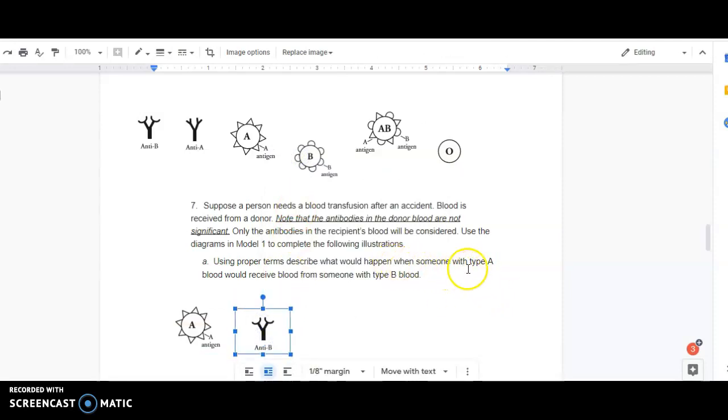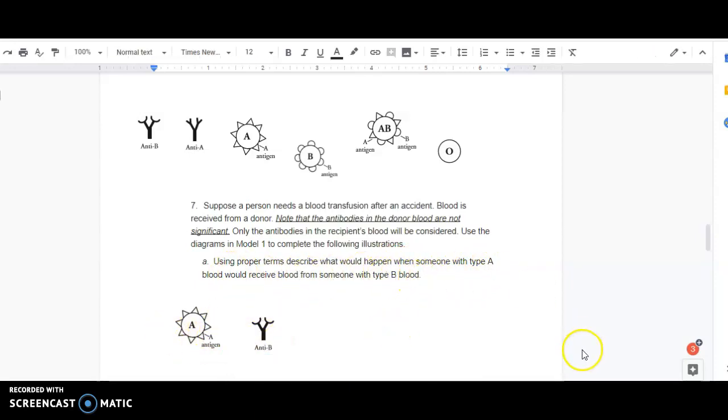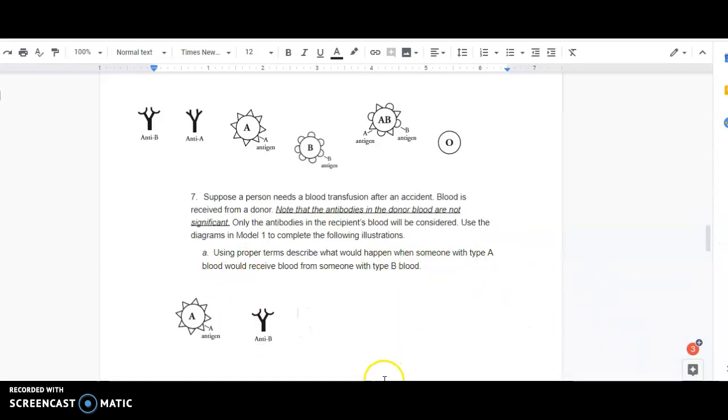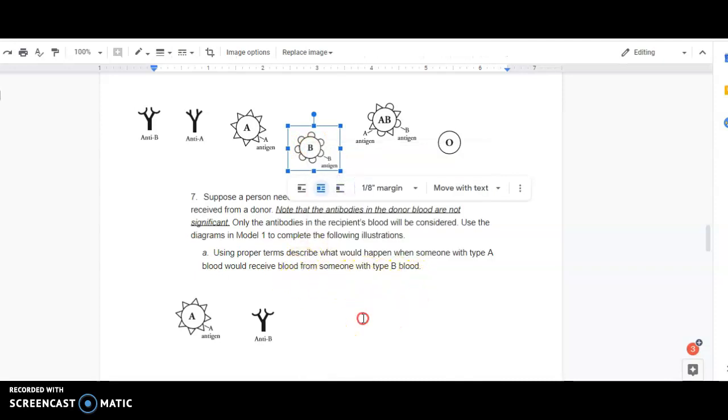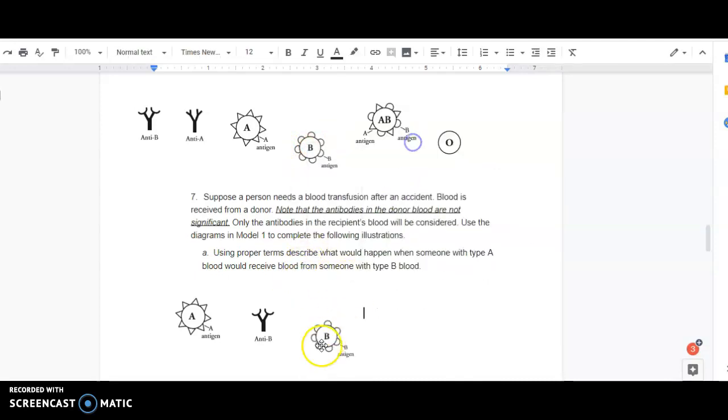And it says when someone with type A blood, there we go, would receive blood from someone with type B blood. Now this part is really important. Whenever you're receiving blood, you only receive their blood cells and not their antibodies. So you would receive the blood cell of someone with type B blood.